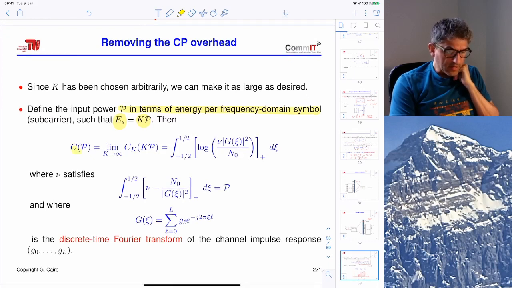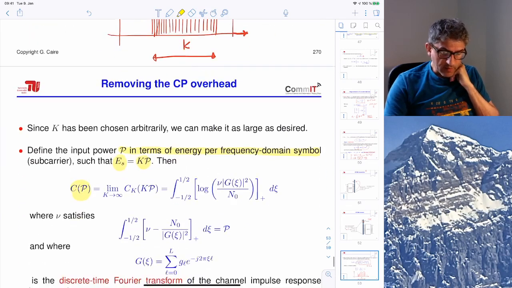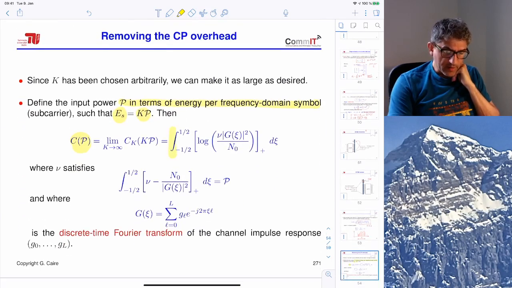We can express the capacity in terms of bit per symbol as a function of this transmit power. By letting K go to infinity, this sum becomes an integral, so we end up with this expression.